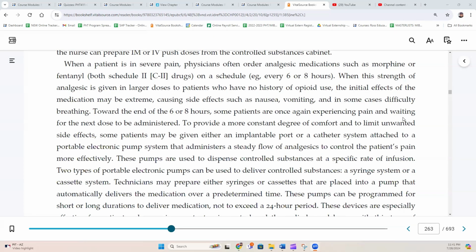To provide a more constant degree of comfort and to limit unwanted side effects, some patients may be given either an implantable port or catheter system attached to a portable electronic pump system that administers a steady flow of analgesic to control the patient's pain more effectively. These pumps are used to dispense controlled substances at a specific rate of infusion.